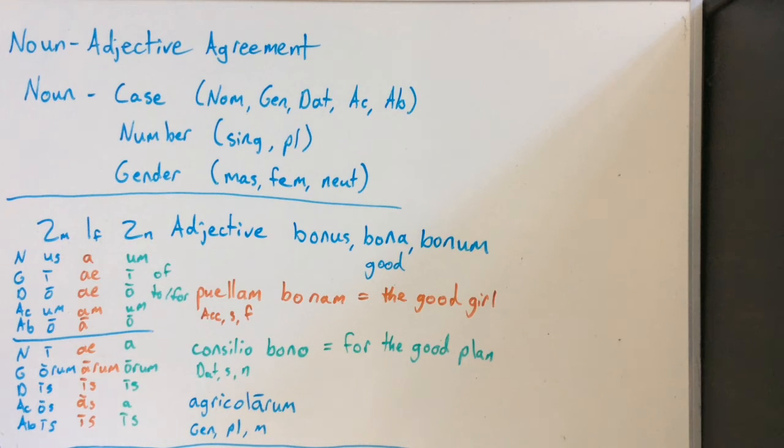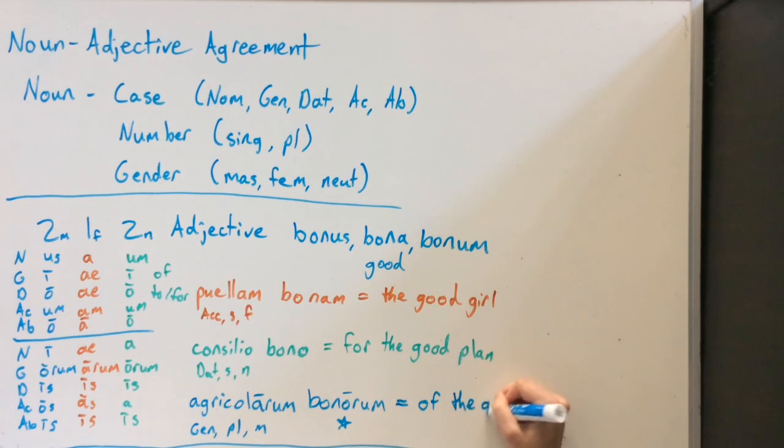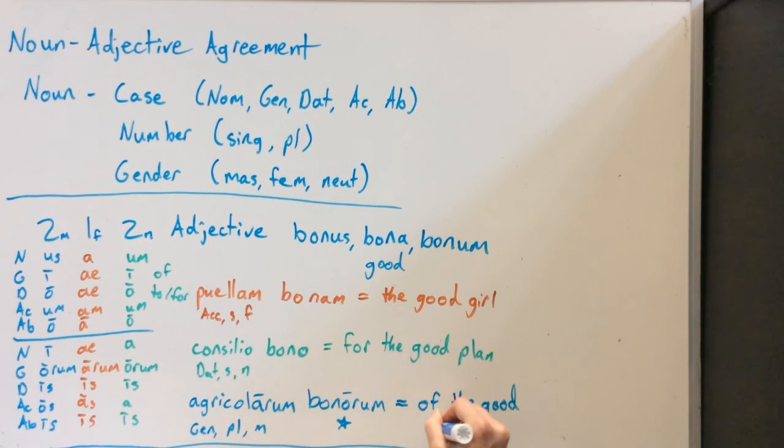That means that we're going to go to our genitive plural row, and the masculine form, which will be bonorum, with an O. So notice that when I'm writing of the good farmers, the endings don't match, bonorum and agricolarum.